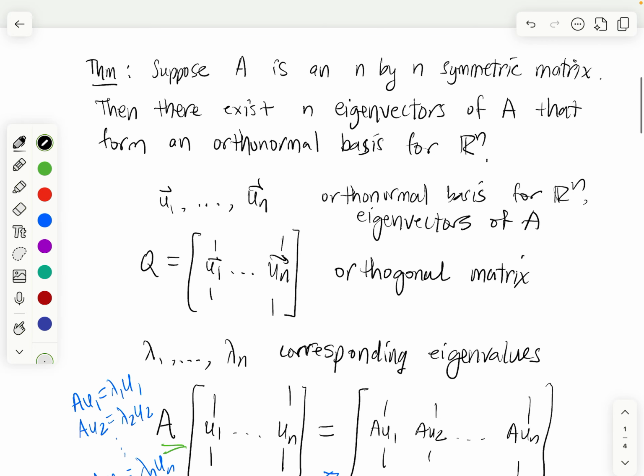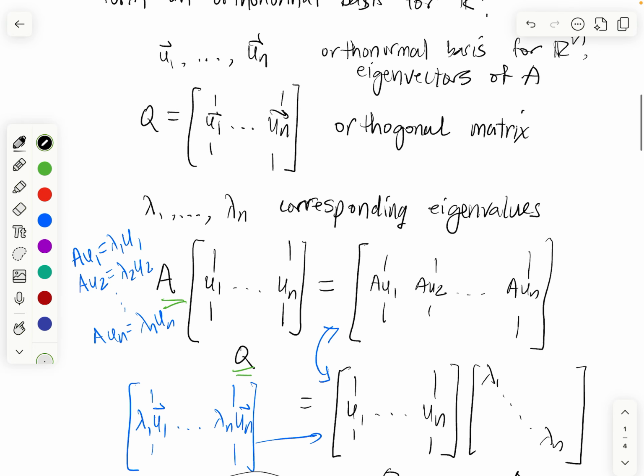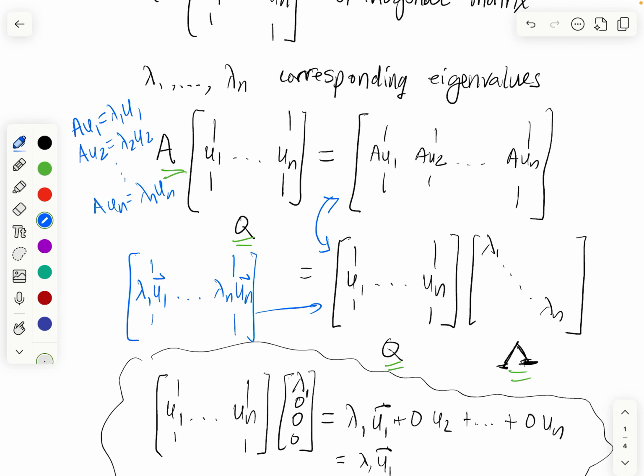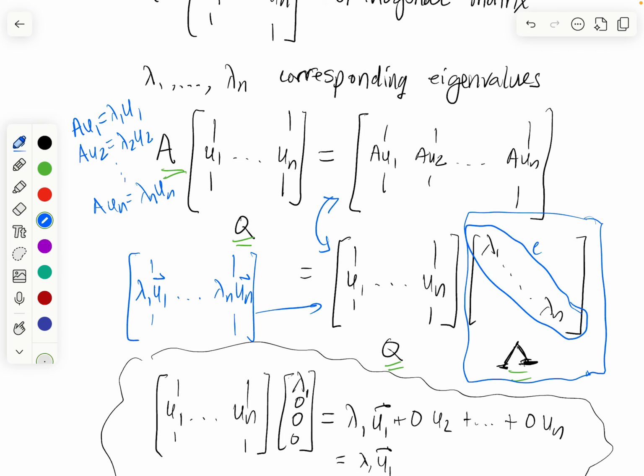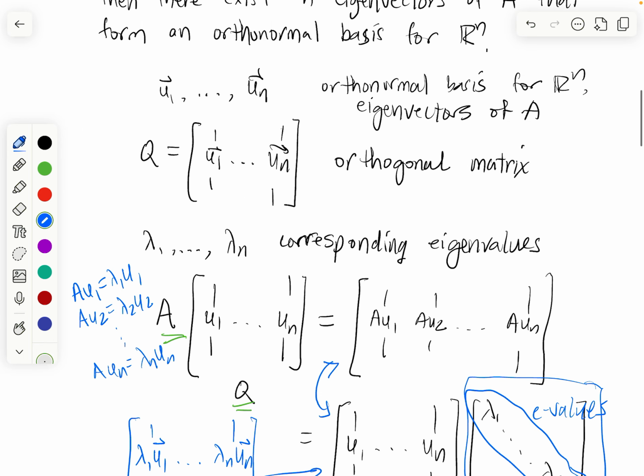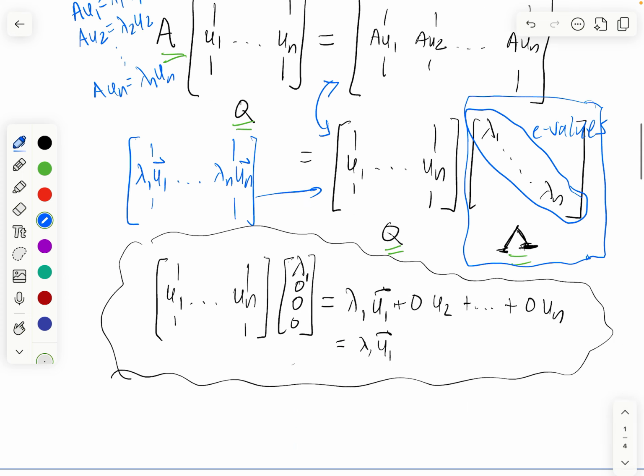They came from this matrix lambda, a diagonal matrix where the lambda i's were the eigenvalues of the corresponding ui's, and the ui's were the eigenvectors. And so what we need to do is find the eigenvalues and eigenvectors of this matrix A.